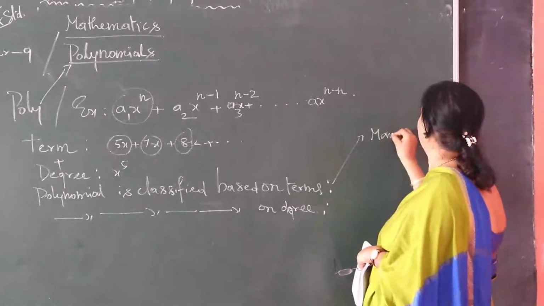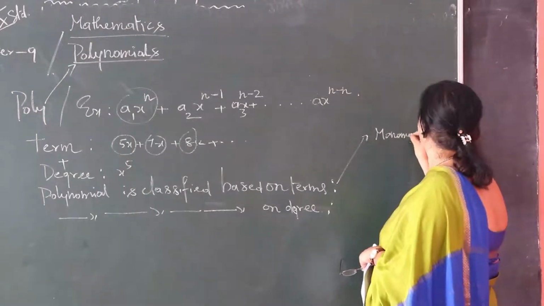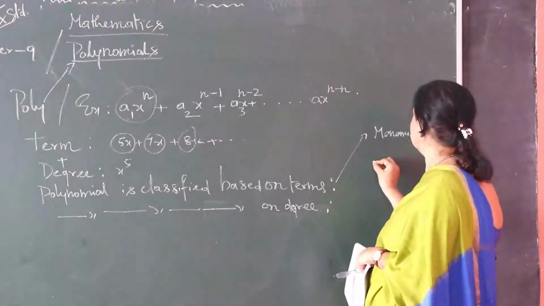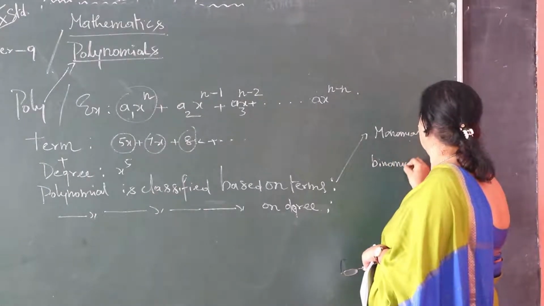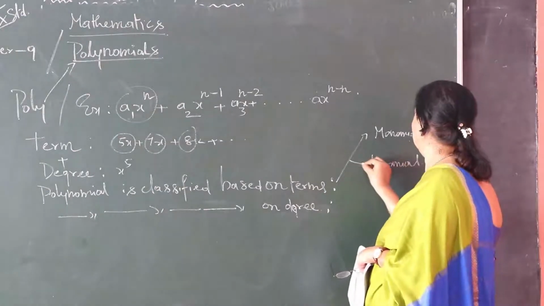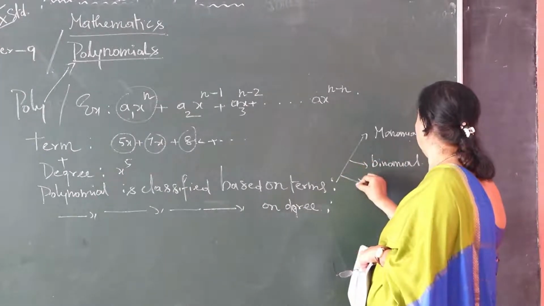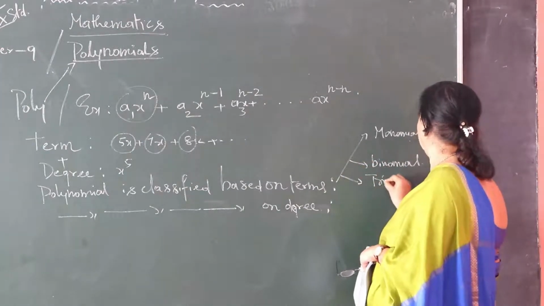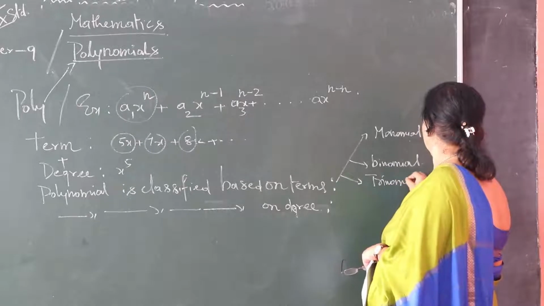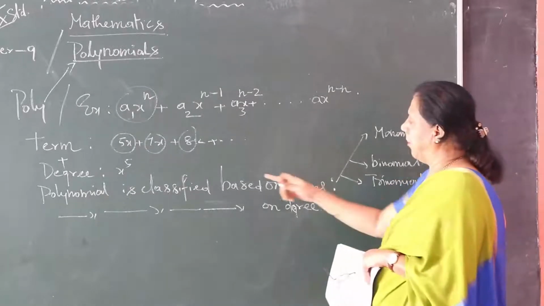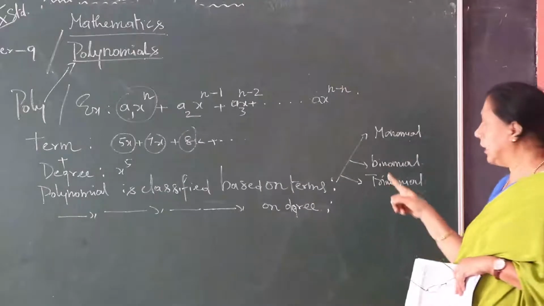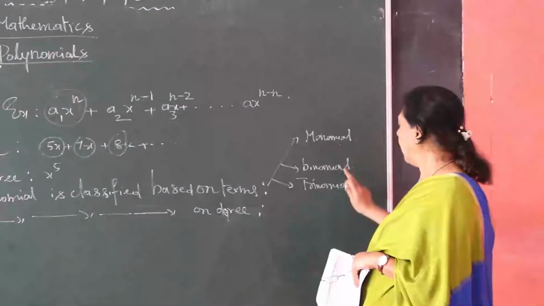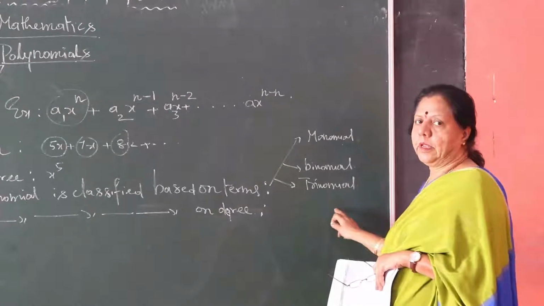Monomial. What is next one now? Binomial. What is next, children? You have learned already. Trinomial. See, call out, children. Polynomial is classified based on terms: monomial, binomial, trinomial.